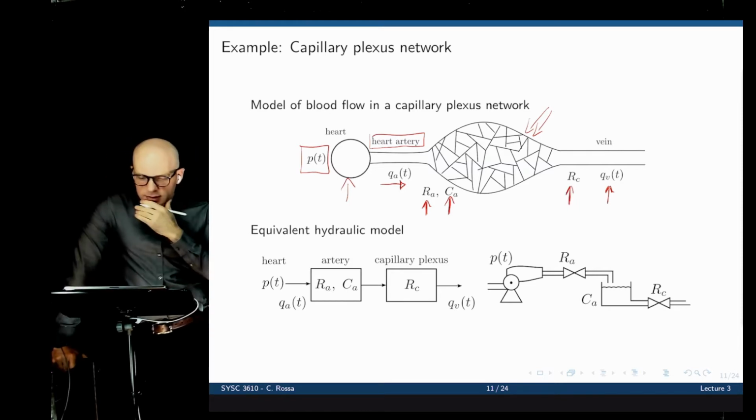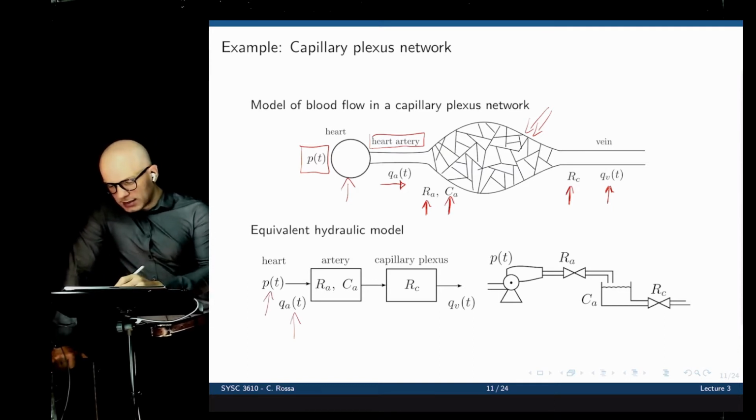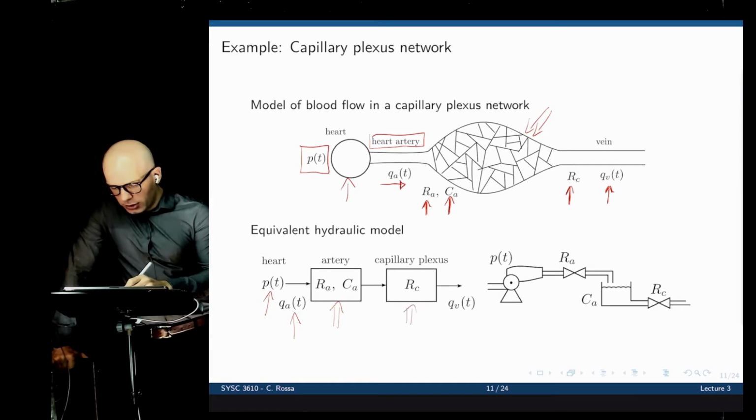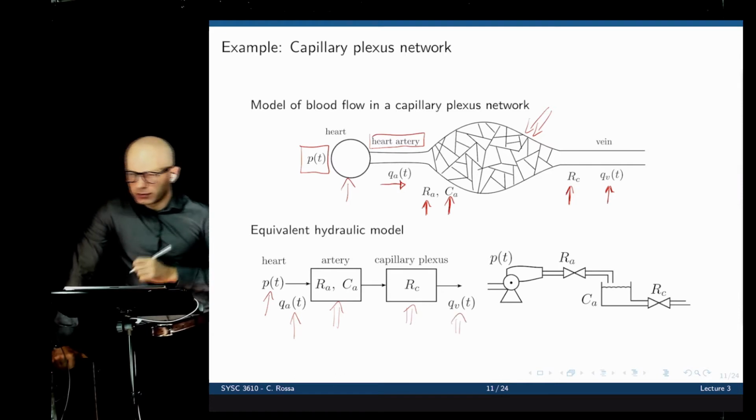So an equivalent model for this network can be shown here. The input is a pressure. We have an initial flow rate. We pass that through a system that has its own resistance and capacitance. It gets out with another resistance, and then there is another flow coming out.